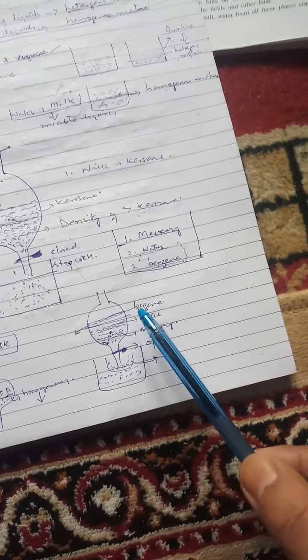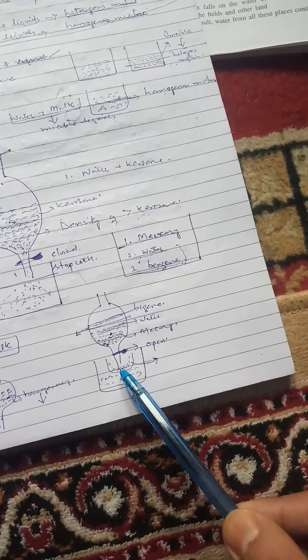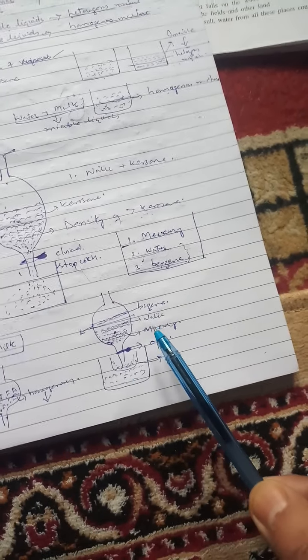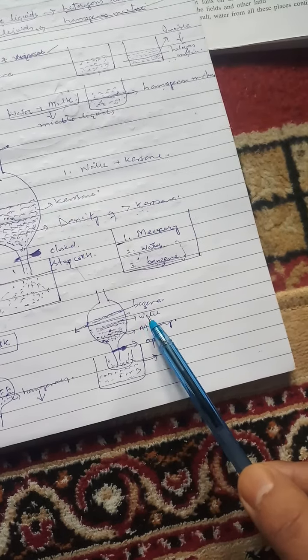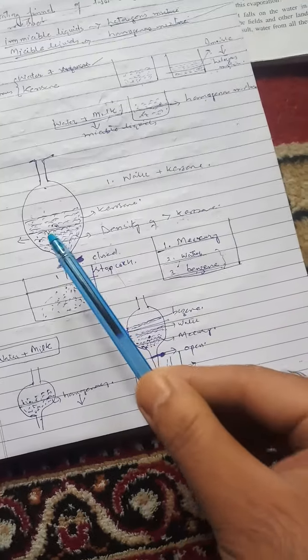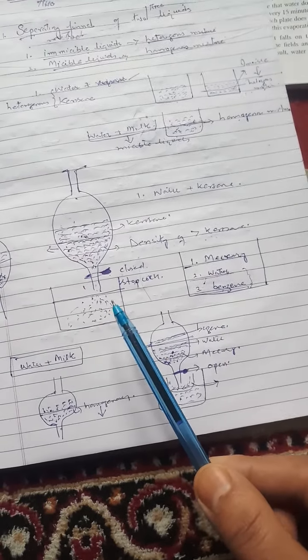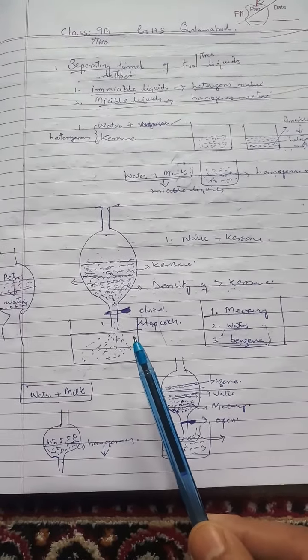So in this way, the benzene remains in the separating funnel, water is collected in one beaker and mercury is collected in another beaker. So in this way, we have separated a mixture of three liquids by this separating funnel method. This is a very simple technique that we use in our laboratory to separate a mixture of liquids.